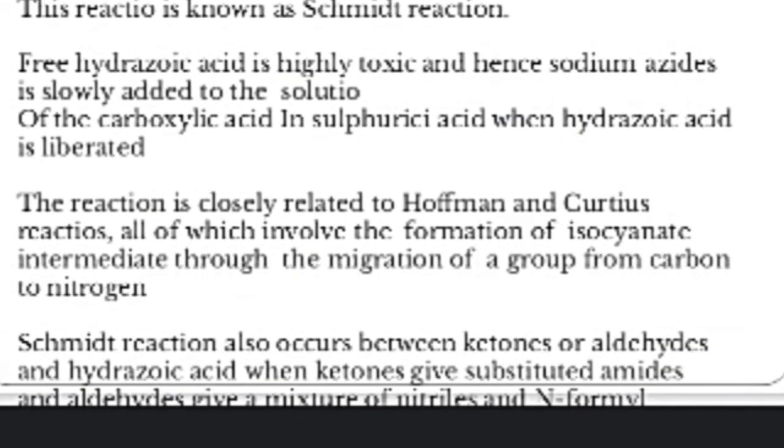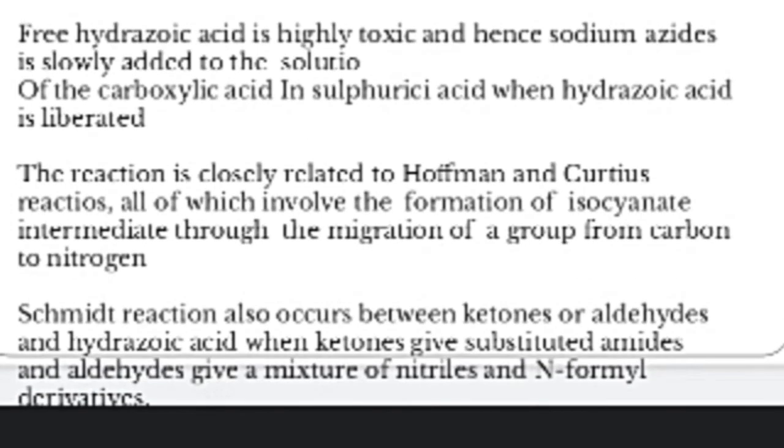Schmidt reaction. Carboxylic acids and hydrazoic acid react in the presence of sulfuric acid to give amines. This reaction is known as Schmidt reaction. Free hydrazoic acid is highly toxic and hence sodium azide is slowly added to the solution of the carboxylic acid in sulfuric acid, when hydrazoic acid is liberated.